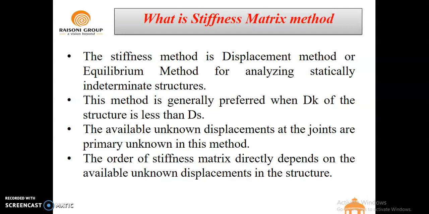The available unknown displacements at the joints are the primary unknowns in this method, and the order of the stiffness matrix will solely depend on the available unknown displacements in the structure.